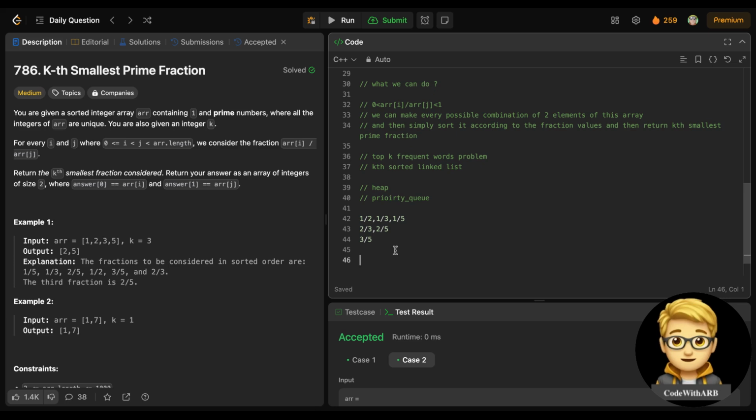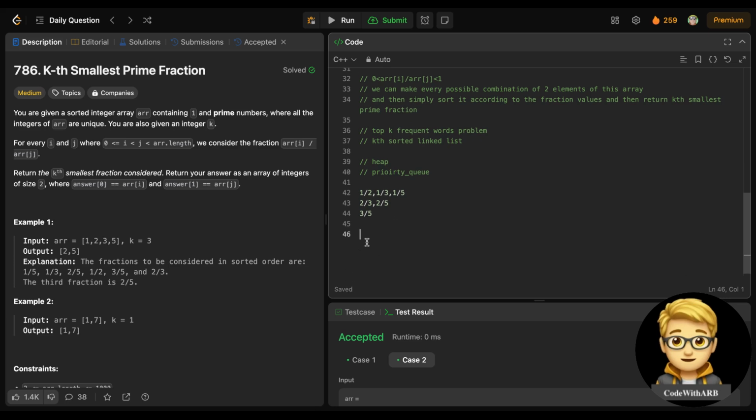So one thing you can see is that I insert all the fractions, taking the maximum elements like 2 by 5, 3 by 5, in my answers, right?